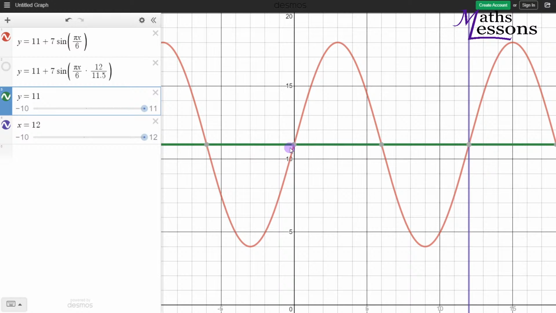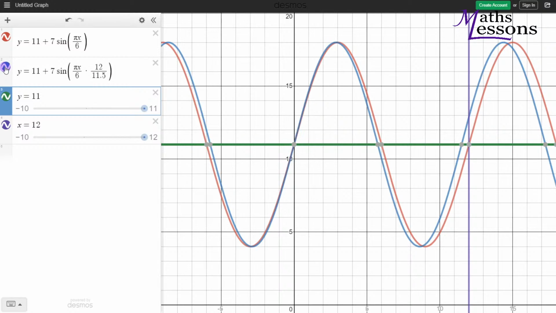So it goes through a whole cycle of tides in 12 hours. And what we want to do is change that so it's 11.5 hours. So it's going to finish about here. So this is the graph, and you can see the equation I came up with. And basically what we're doing is a stretch. We're going from 12 to 11.5.